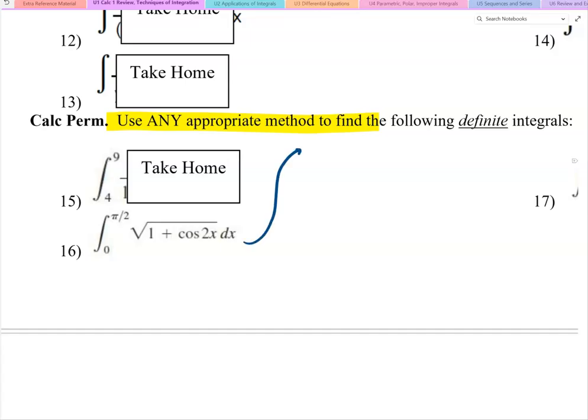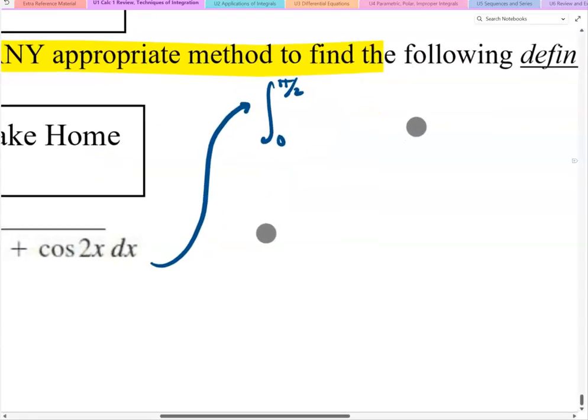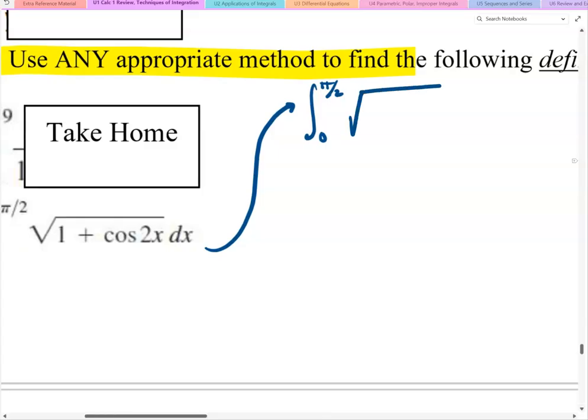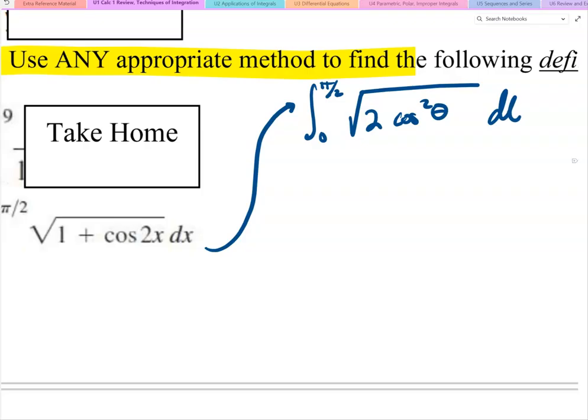And so I don't need to change the variable at all. I'm still going to integrate from an x value of 0 to an x value of pi over 2. But now I have the equation square root of 2 cosine squared theta. Oops, sorry. I'm not changing the variable. So cosine squared x dx.